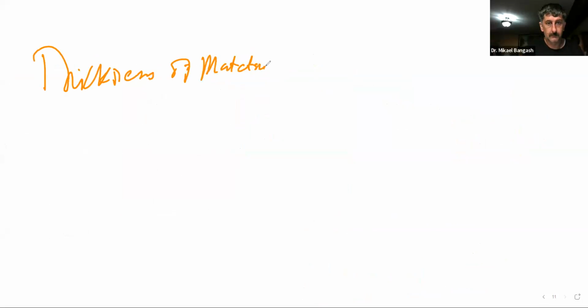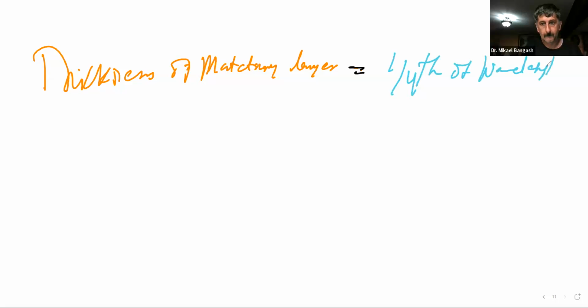What they mainly say is that the thickness of the matching layer is going to be equal to 1/4 of the wavelength. Is that clear?